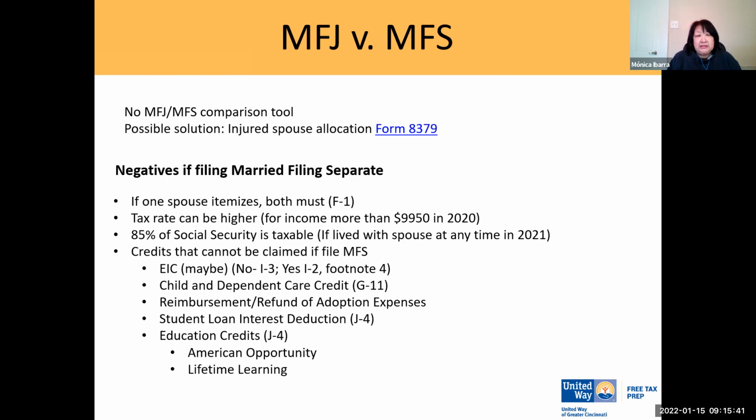So as a policy, our sites do not do comparisons. That would involve preparing like 3 tax returns, 1 for each taxpayer, and then 1 married filing joint. And we just don't have the resources to do that. So the people pick before they come in, do they want to do married filing separate or do they want to do married filing joint?